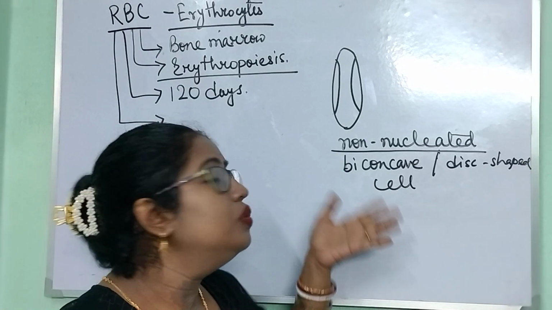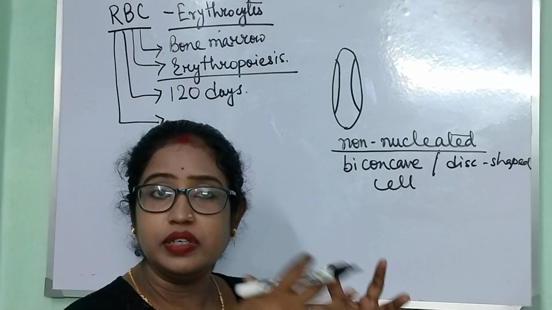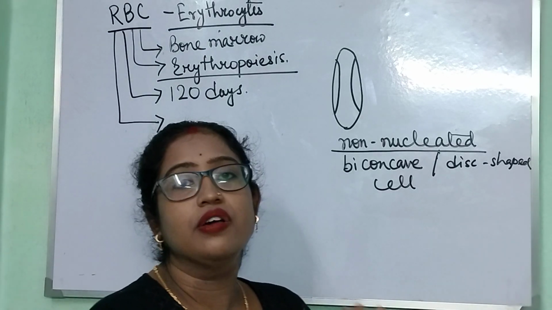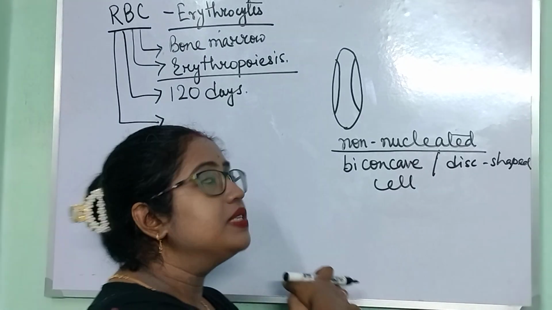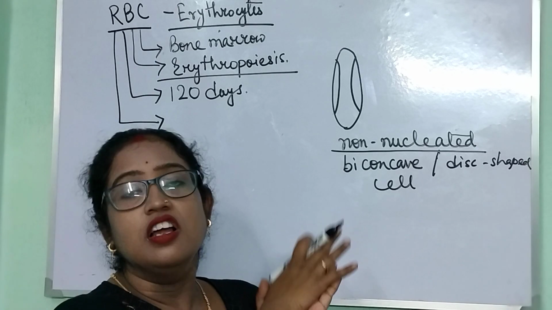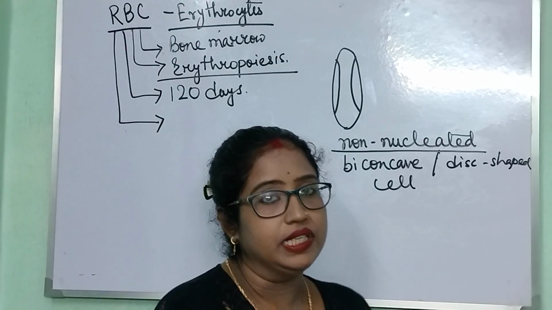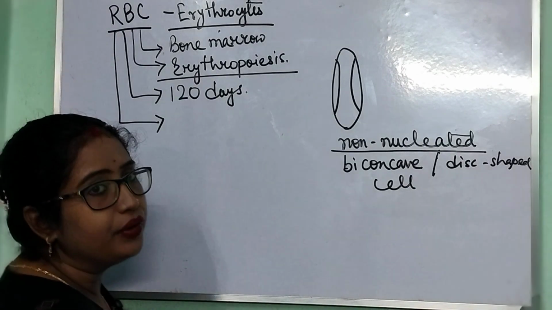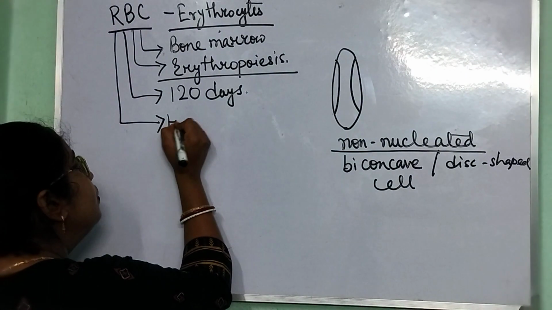So to reduce its inner volume and to carry the oxygen and carbon dioxide, the RBCs are basically non-nucleated. So the main component of RBC is hemoglobin.